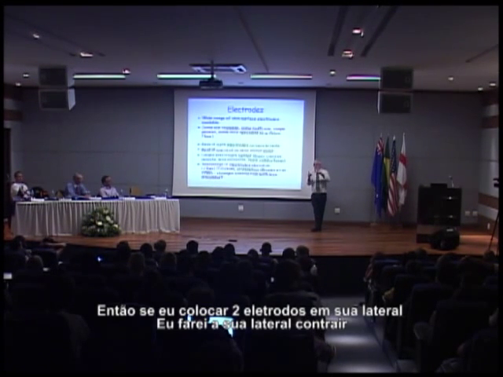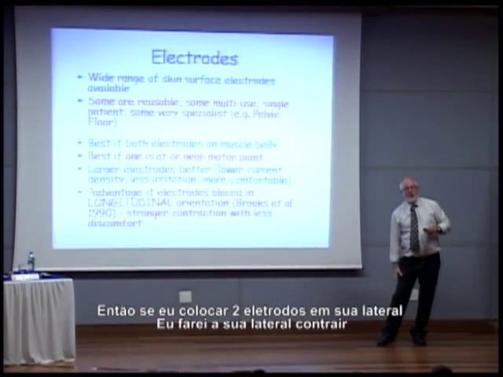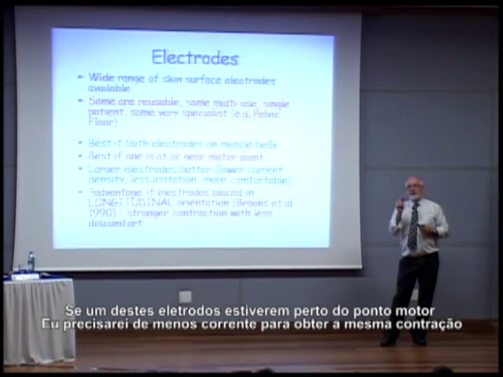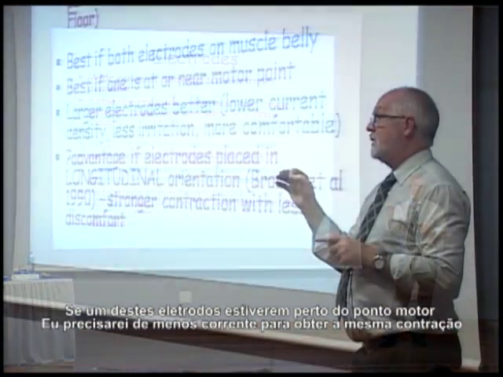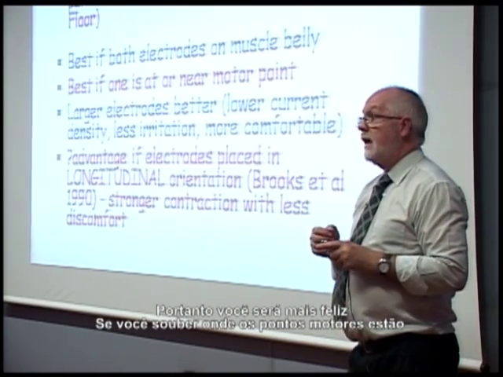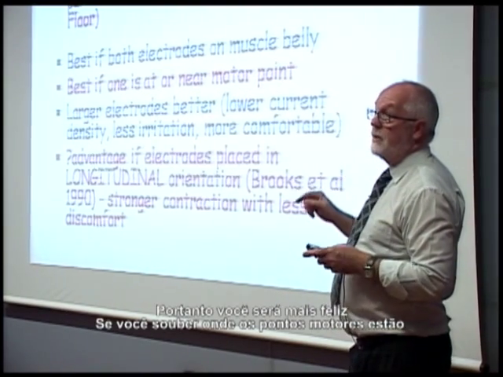So if I have two electrodes on your rectus or your lateralis, I will get your lateralis to contract. If one of those electrodes is near the motor point, I will need less current to get the same contraction. And therefore, you will be happier if you know where the motor points are.